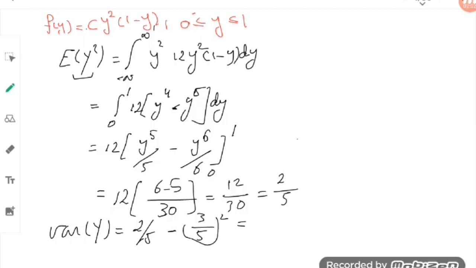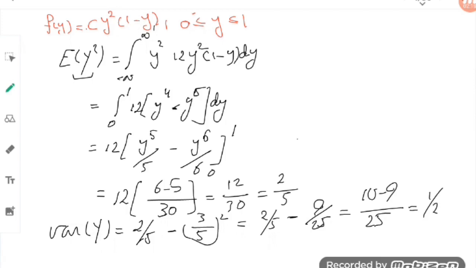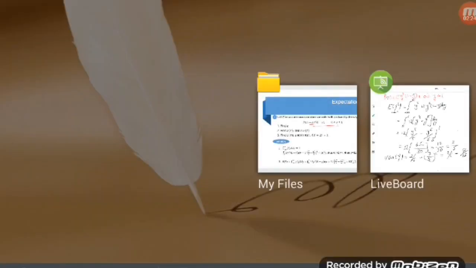So we have 2 divided by 5 minus 9 over 25. This will give us a common denominator of 25, and then 25 divided by 5 equals 5, times 2 equals 10. 10 minus 9, this will be 1 divided by 25. This is the variance. So we have expectation is 3/5 and the variance is 1 divided by 25.